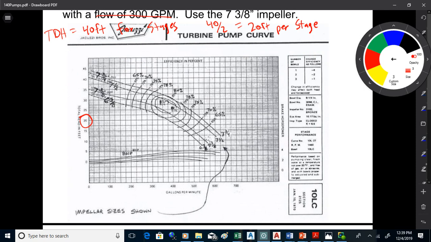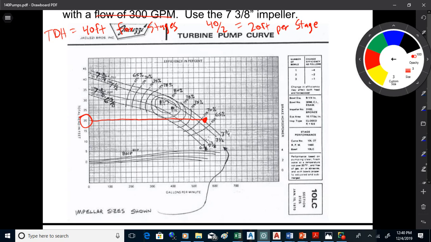So that's the deal. Now you're just going to track 20 across. There are other adjustments you have to make, because you have to realize this is for one stage. So you're looking for the 7 3/4, and you just track it across. Are we good with that?